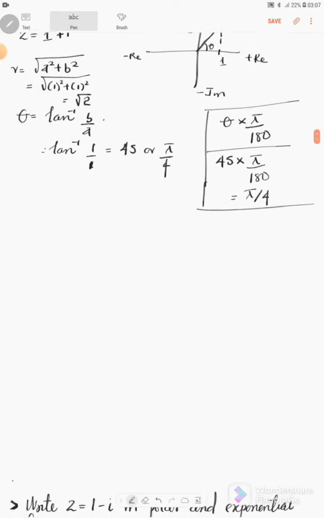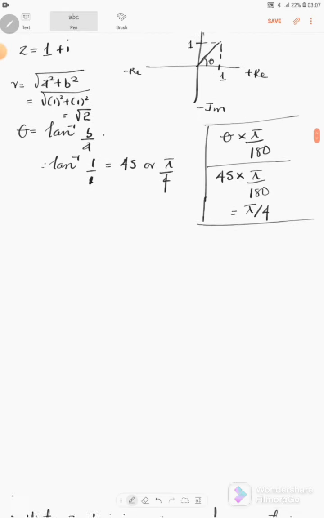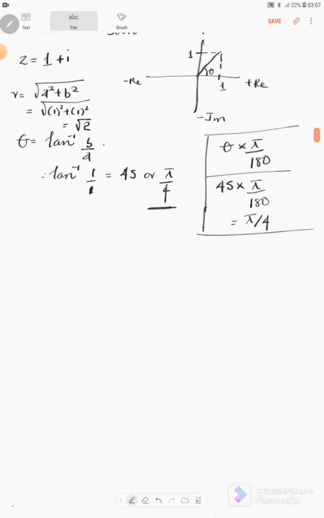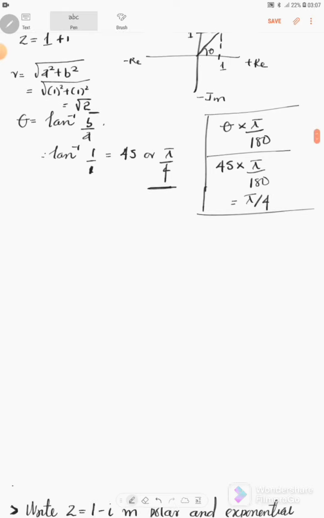Let's note that. Now we've gotten our theta and we've gotten our r. Now let's find our polar form. The polar form is r open bracket cos theta plus i sine theta.